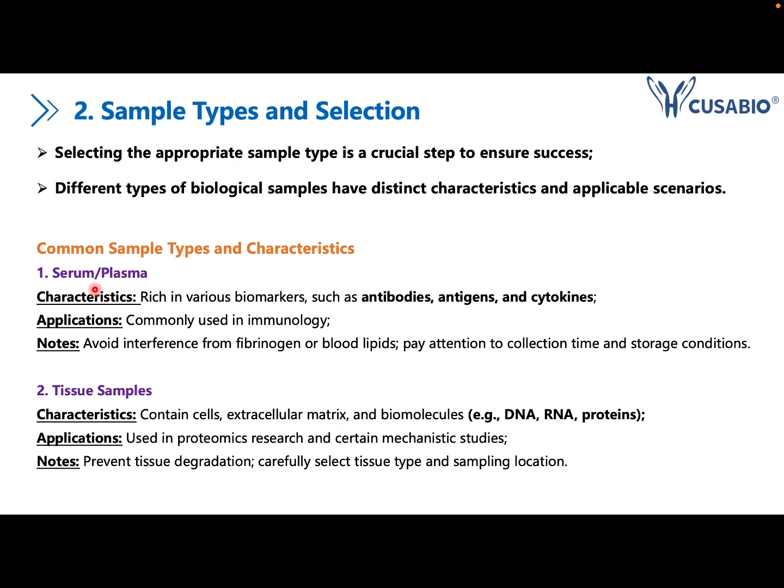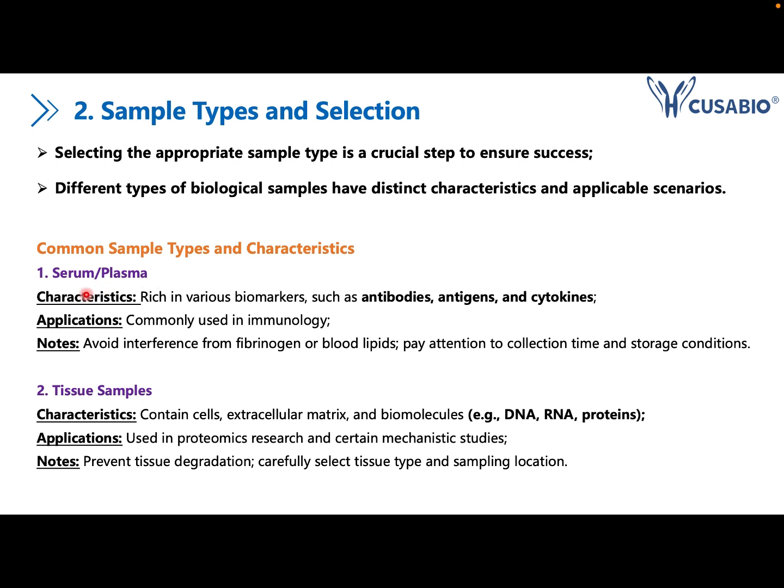Each of them has distinct characteristics and different application scenarios. Common sample types that we usually use during ELISA testing are serum samples, plasma samples, tissue samples, or cell culture supernatant. I will talk about them in detail, and each of them has its own characteristics.